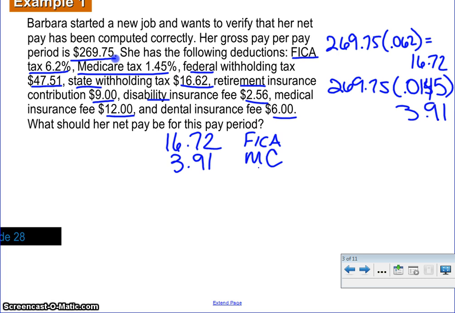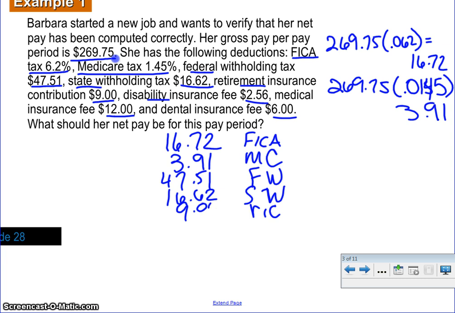Next, we have federal withholding of $47.51. We have state withholding of $16.62. We have retirement insurance contribution of $9.